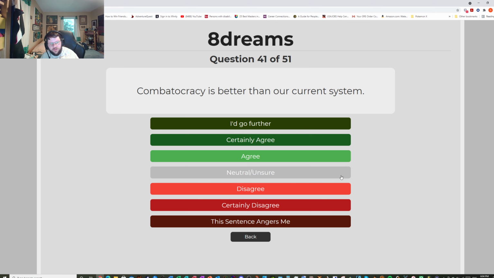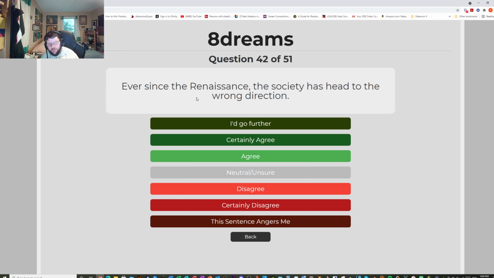Combatocracy is better than our current system of government. No, not really. Ever since the Renaissance, society has headed in the wrong direction. Ever since the Renaissance. Ever since like 1390 something.